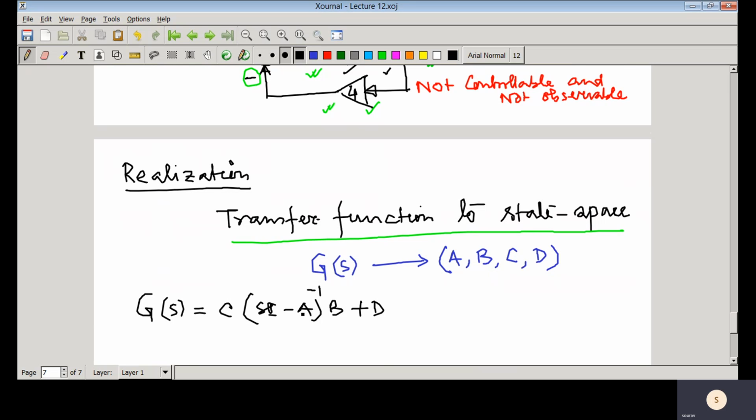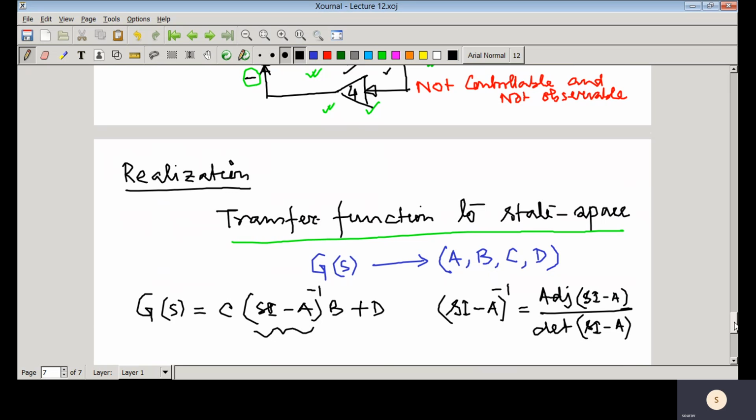Now if you look at this particular term, we have seen in the last two lectures that (sI minus A) inverse is equal to the adjoint of (sI minus A) divided by the determinant of (sI minus A).